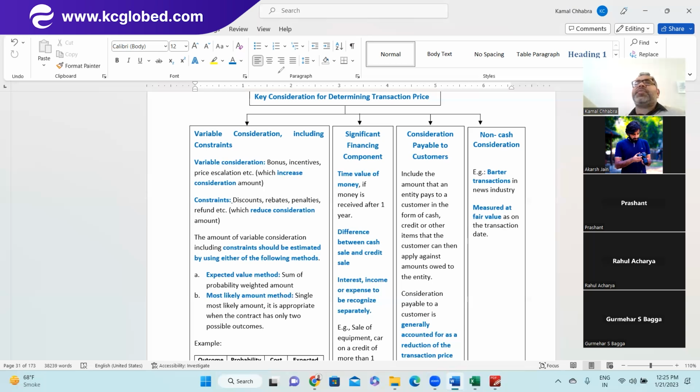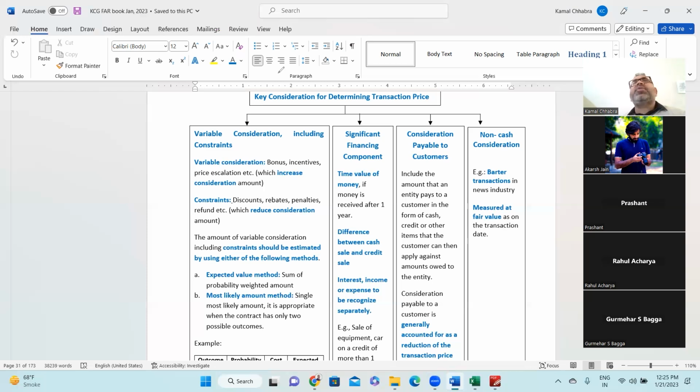So 15 days probably may not be a significant one. Significance will be the accountant's judgment, the auditor's judgment, or the CPA's judgment. So that should be significant in the context of the transaction.